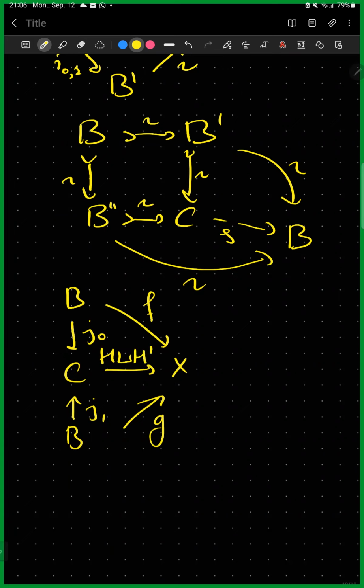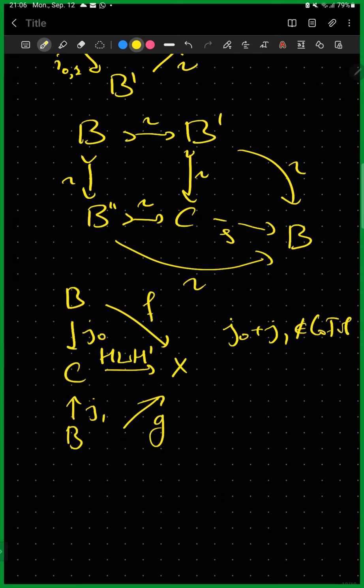However, C is not a cylinder object because J0 plus J1 does not belong to cofibrations.